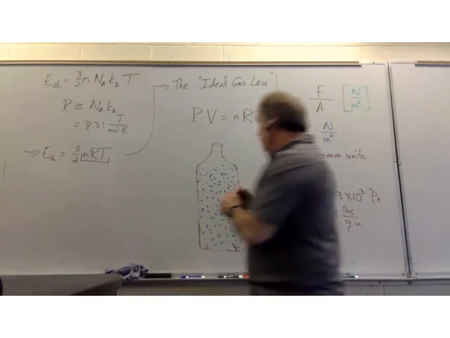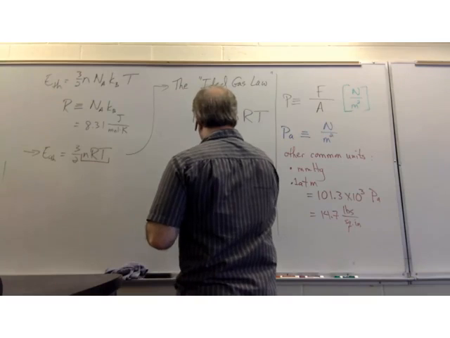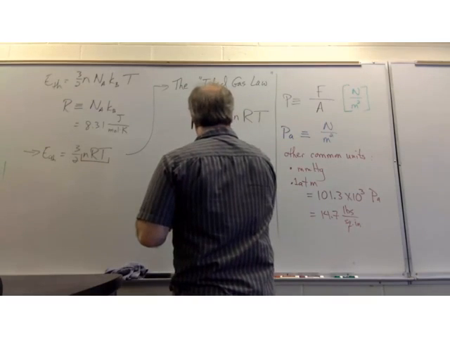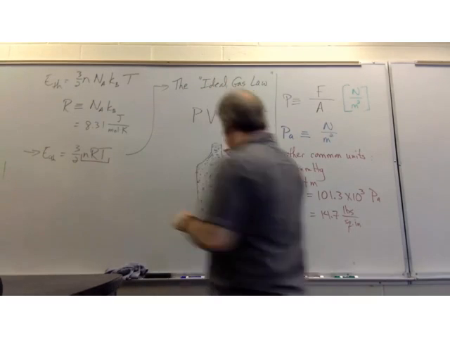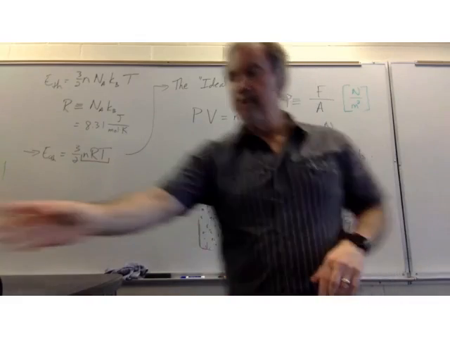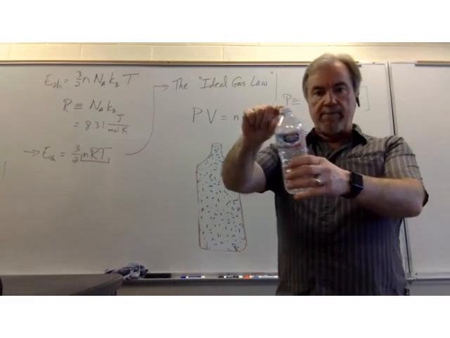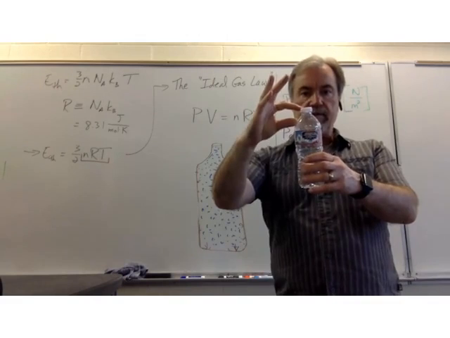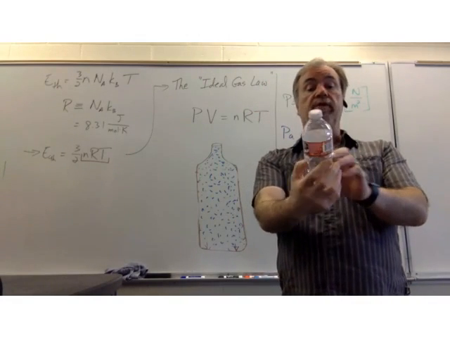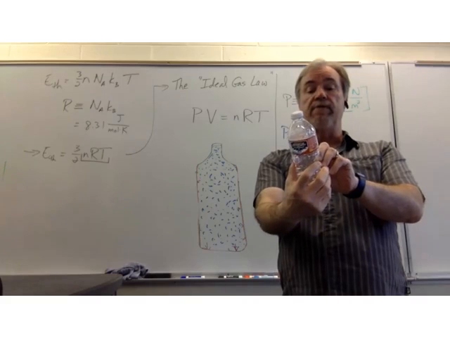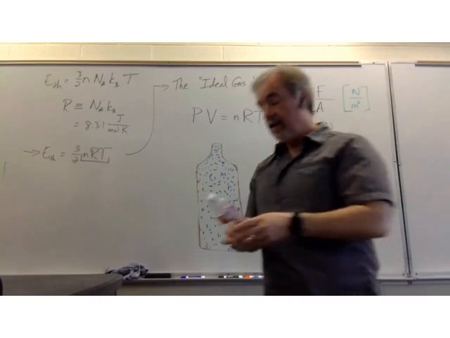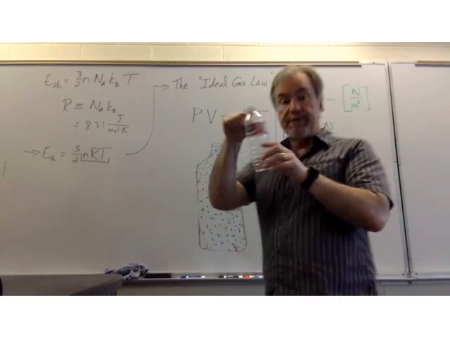By the way, now the gas molecules are going to fill up the entire volume here. This small bit up here is a small correction to the total volume. When I look at the volume of this thing, I could read it off here. I said 500 milliliters, and that includes this top bit.